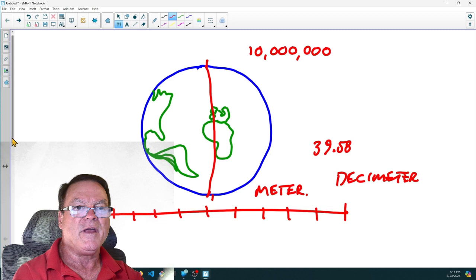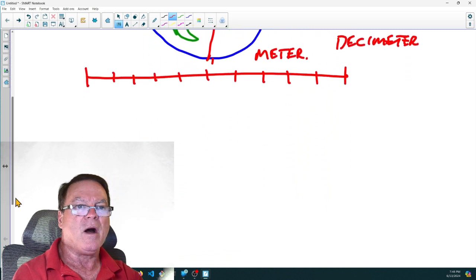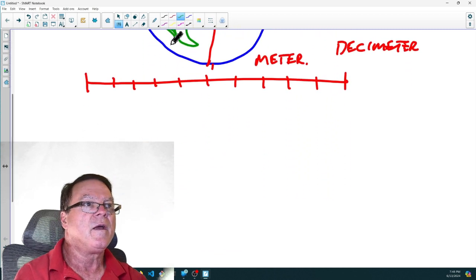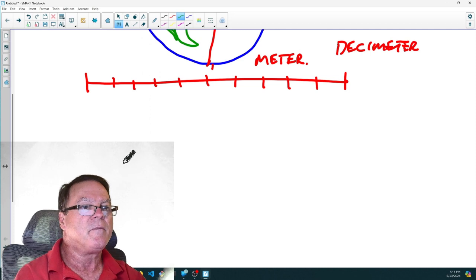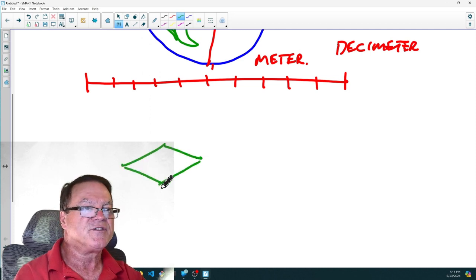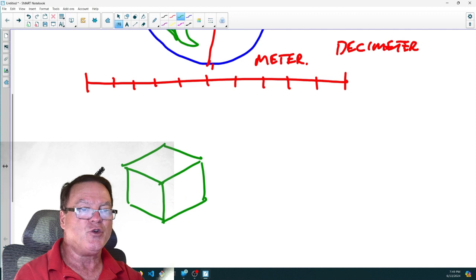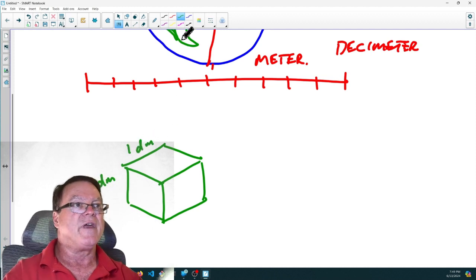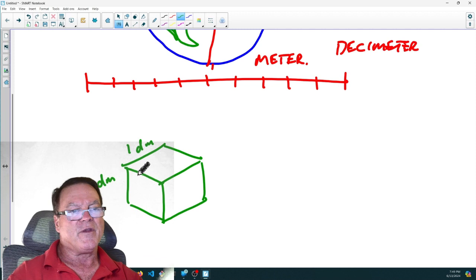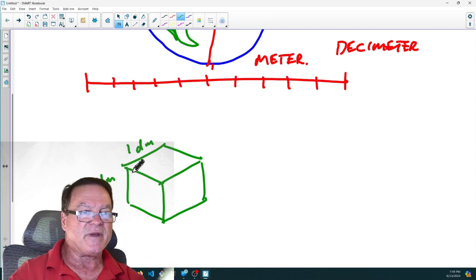They then made a box, and that box is 1 decimeter square, or cubed, I should say. They made this box, and each side of this cube is 1 decimeter in length. So we know that there are 10 centimeters in a decimeter.